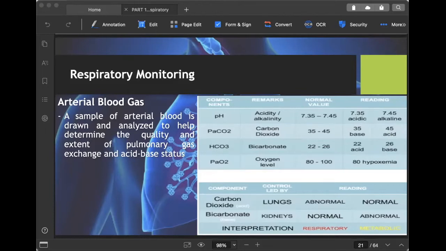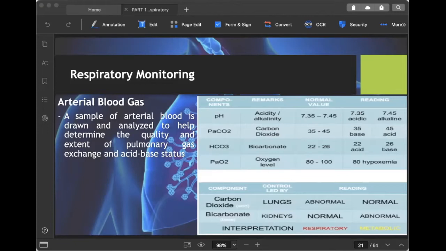One of the easiest ways for you to properly calculate this is to familiarize yourself with the normal values of the pH, of your carbon dioxide, and of your bicarbonate, and whether it's respiratory or metabolic.